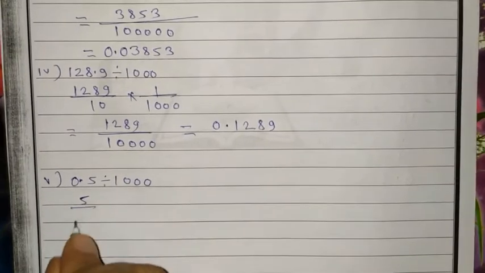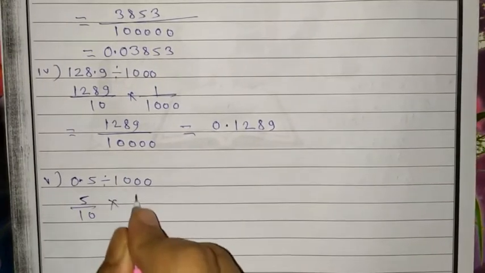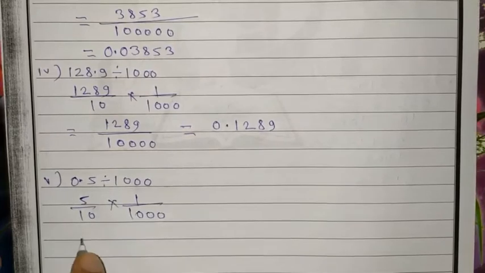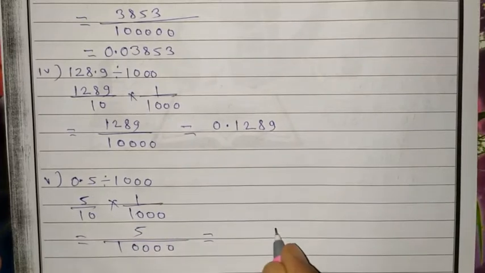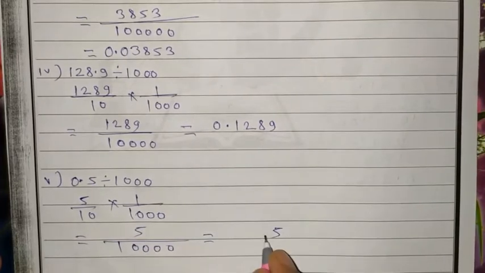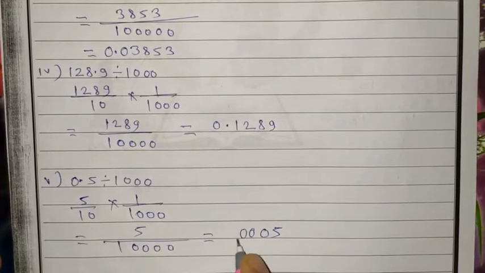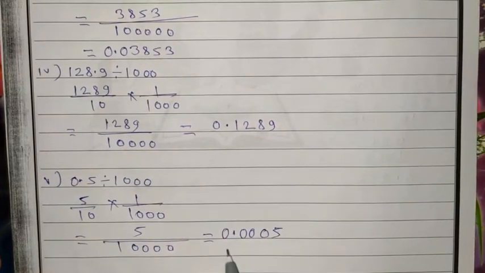Here 5 upon 10 into 1 upon 1000. So it is nothing but after 1, 4 zeros, 5 as it is. So here be careful, we need total 4 digits after the point. So insert 3 zeros and this is our answer. So I hope you understood this question. After this we will move to the next question.